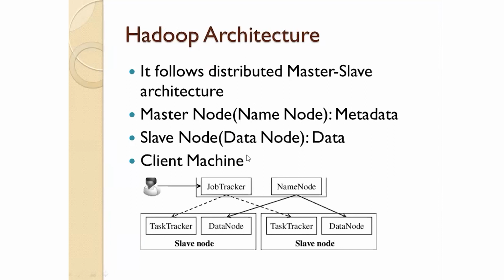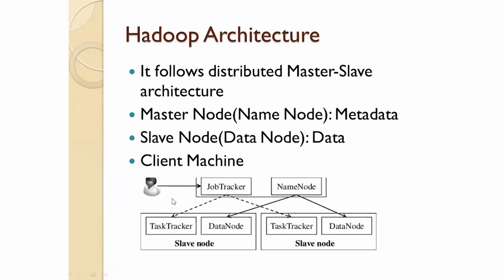So if we observe this Hadoop architecture, this is the client. When the client requests certain data, he should not communicate with the data nodes directly. He just sends a request to the name node, which is the master node, and then the master node gives him the metadata.